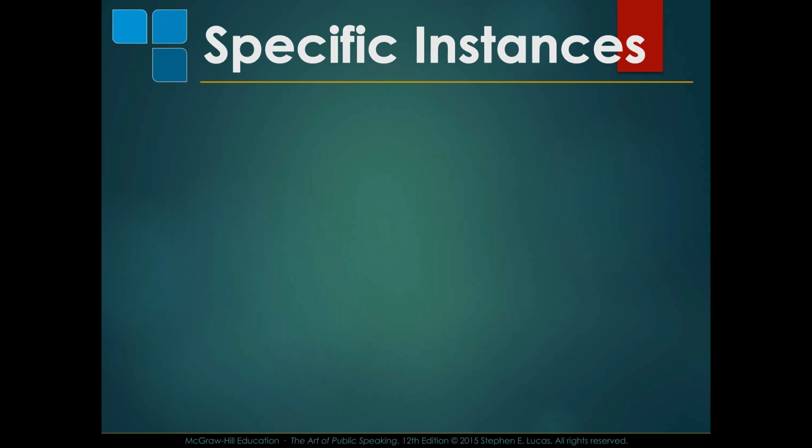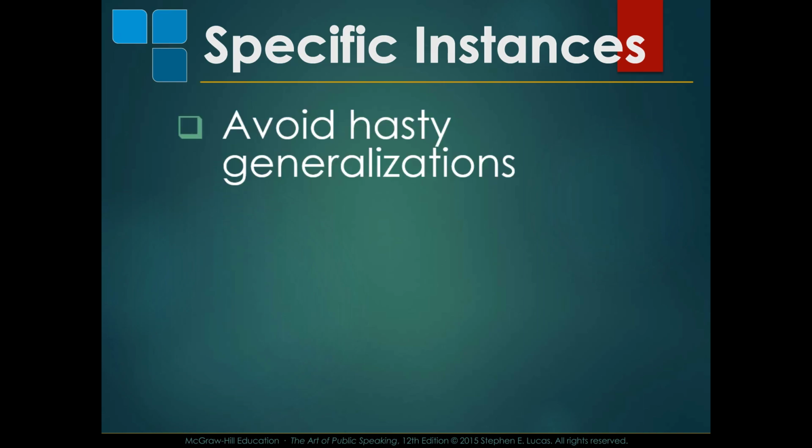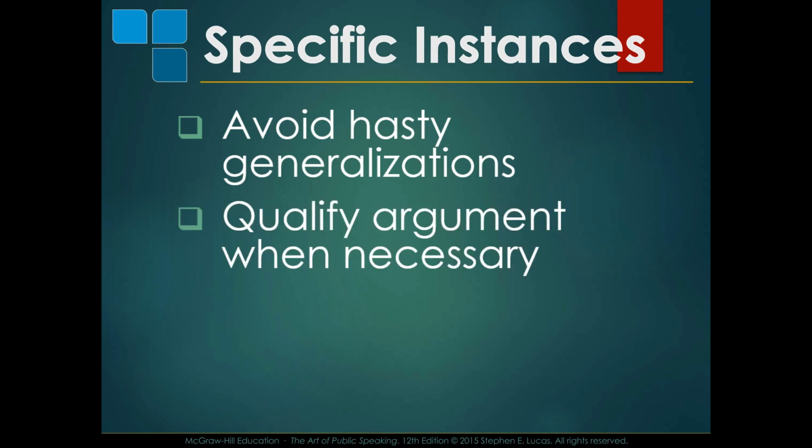Now there's some things to be careful of when we're reasoning from specific instances. We need to avoid hasty generalizations, and we'll talk more about those a little bit later. You might have to qualify the argument in certain cases. You might have to say something like, I realize that we took general PE classes, and that's what I'm talking about.